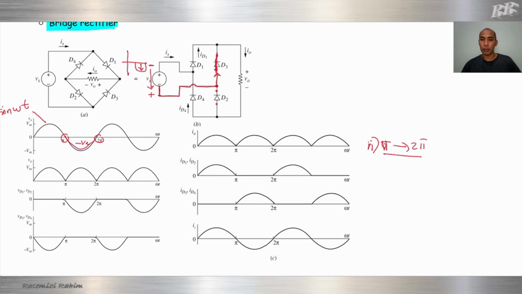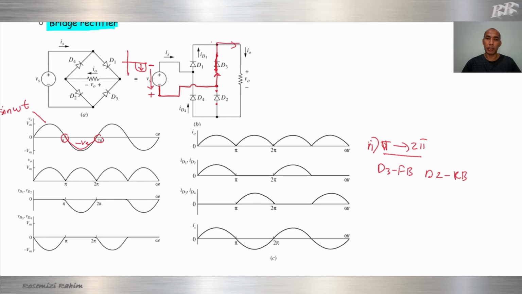D2 is reverse bias, so current will go straight, and D1 is reverse bias, so there's no current there.